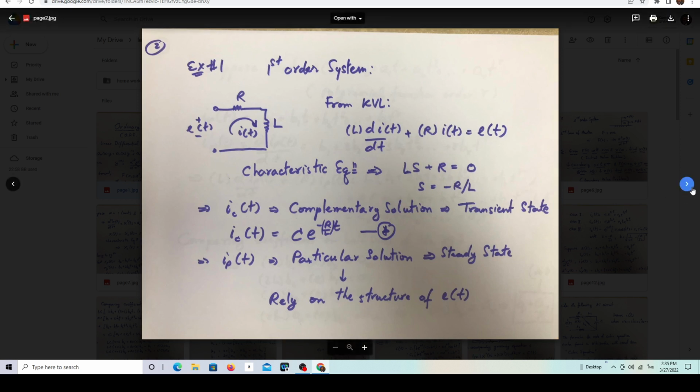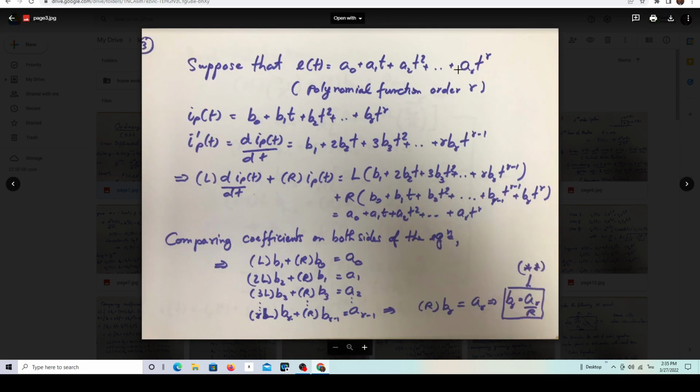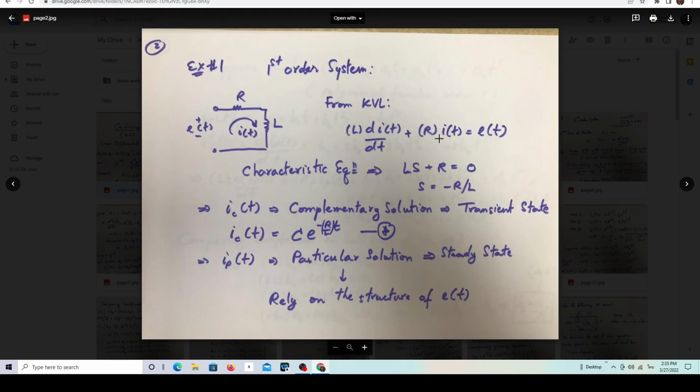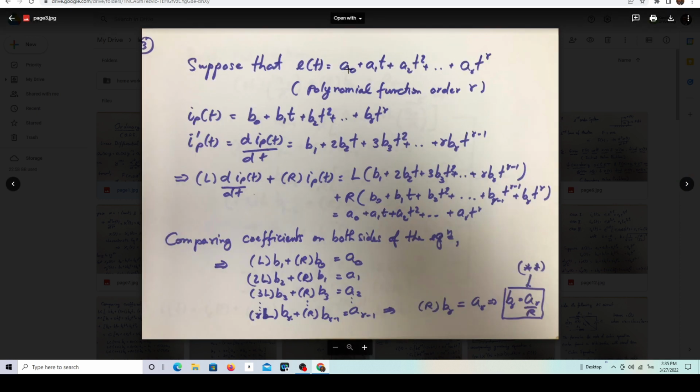So your idea is to study what type of function the right hand side looks like. The particular solution will follow the same type of function as the right hand side, and then you put this form of I_p(t) into the left hand side of the equation, and start comparing coefficients of the same terms to find the relationship between the coefficients of the polynomial function of I_p(t).